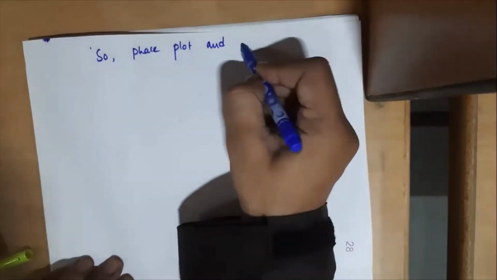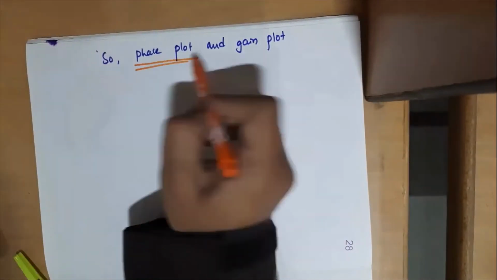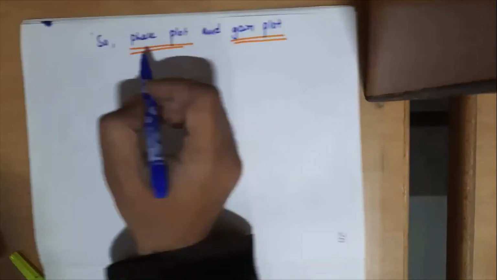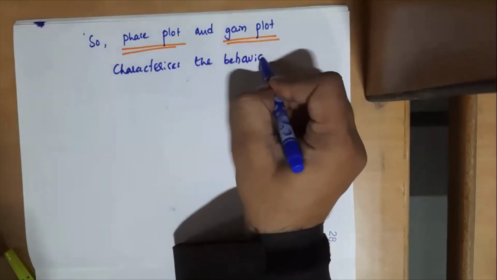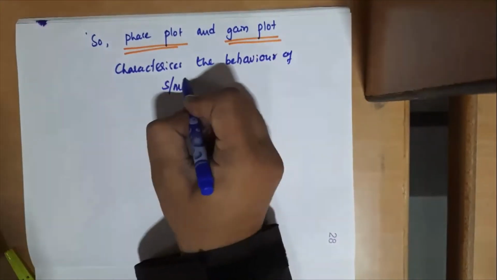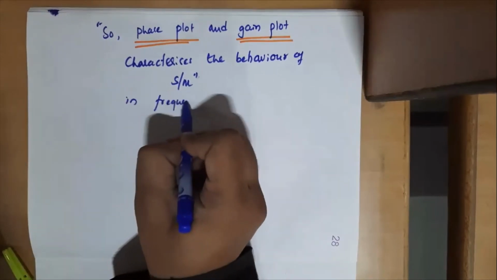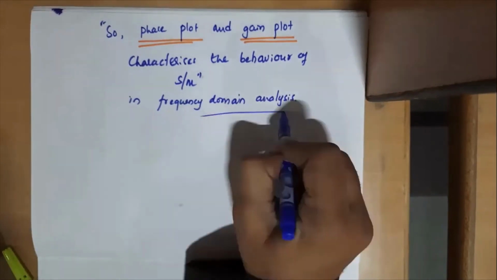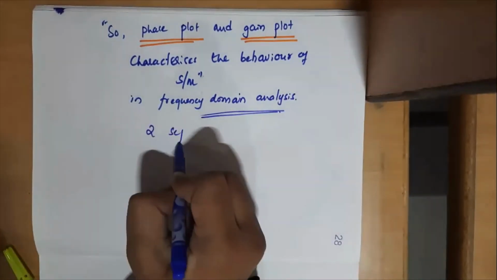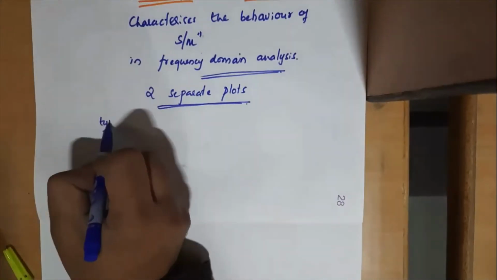So the conclusion is you don't have only one graph, but both a phase plot and a gain plot, which characterize the behavior of the system in frequency domain analysis. There is no single graph now, there are two separate graphs, unlike time domain analysis.